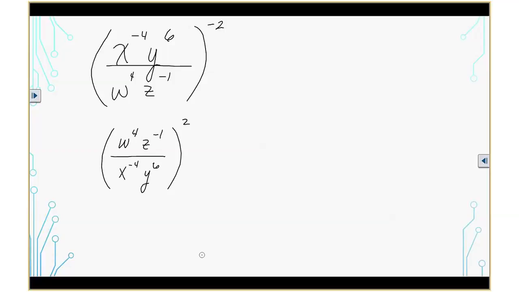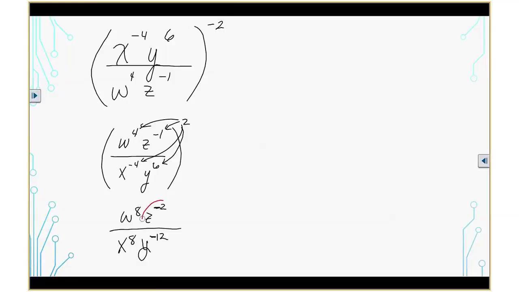Now what? Power rule. So that's w to the 8th, z to the negative 2, over x to the 8th, y to the negative 12th. Now what? What do you got that drives people crazy? Got two negative exponents right here. What are you gonna do with them?